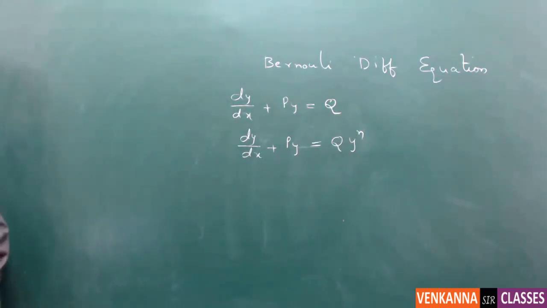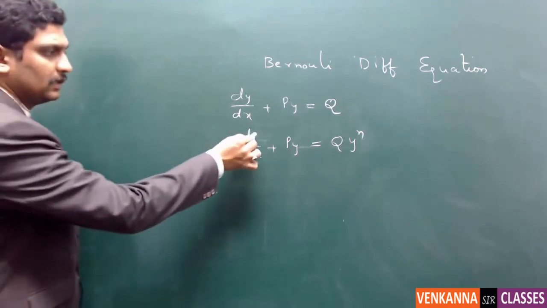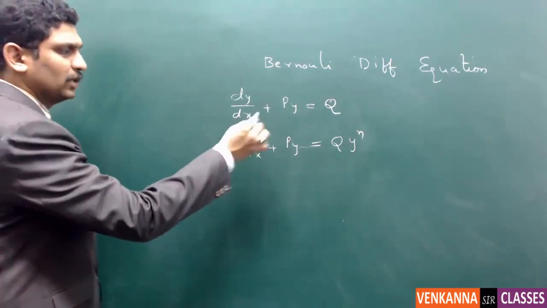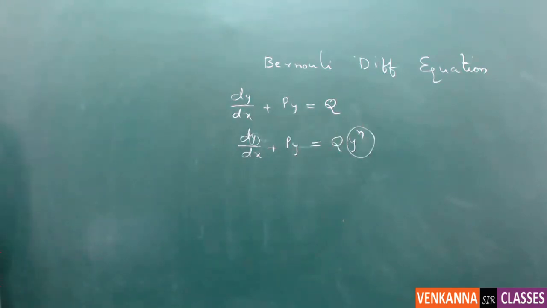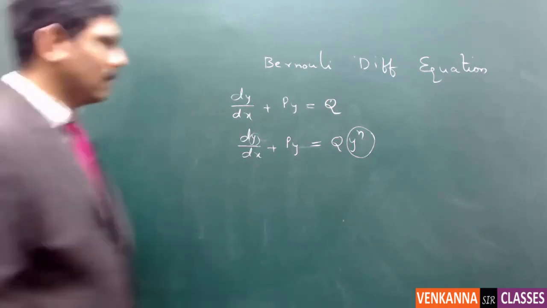Now where is the difference here? On the right hand side, the dependent variable will come in a power, like y power n. So here n is not equal to 0 and n is not equal to 1.